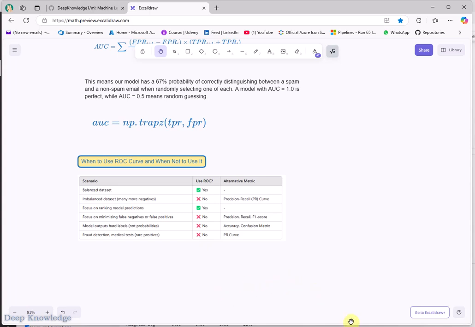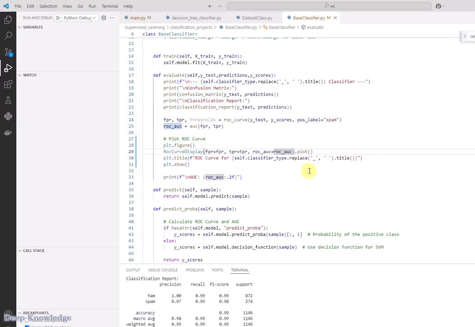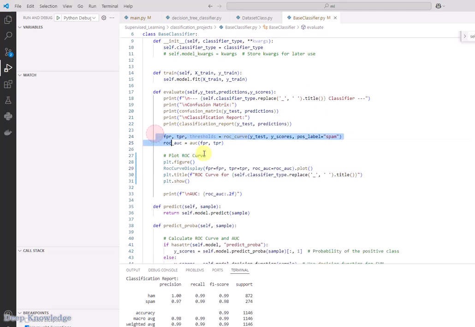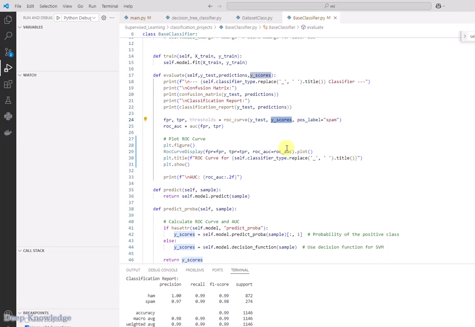And let me just move to the Python code. I will not present the whole code, but just show you how to calculate the ROC curve. You can see here, I have the y_test, the actual class label of my test data. And this is the score generated, the result of the prediction.